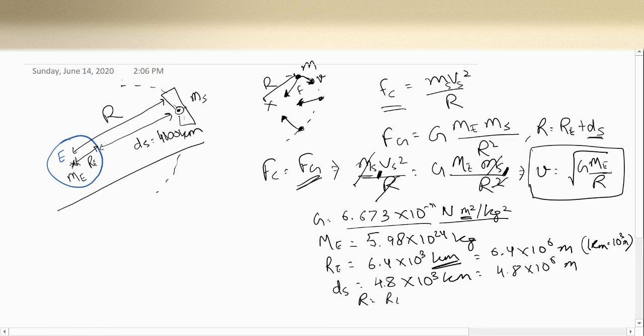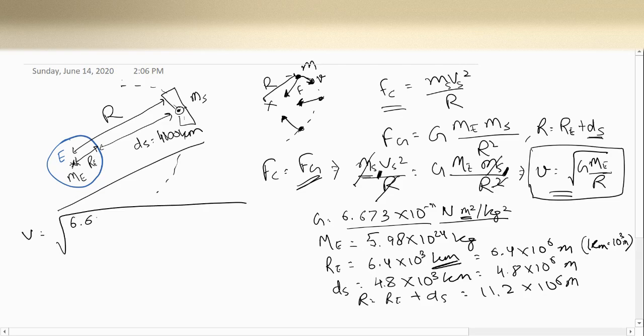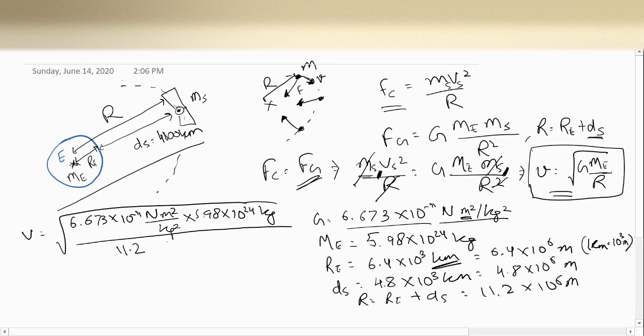Total distance r is RE plus ds. This is 11.2 times 10 to the 6 meters. Okay, so let's put everything in this formula. So v equals square root of 6.673 times 10 to the minus 11 Newton meter squared per kilogram squared times 5.98 times 10 to the 24 kilograms divided by the distance 11.2 times 10 to the 6 meters.